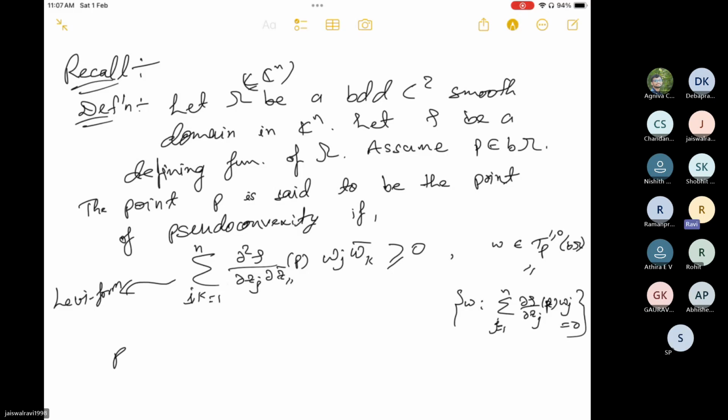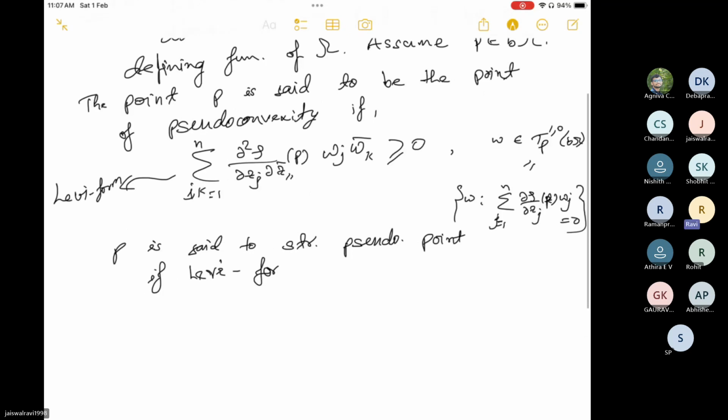And we say P is said to be strongly pseudoconvex point if this Levi form is positive definite, that is positive for all nonzero w in the complex tangent space.